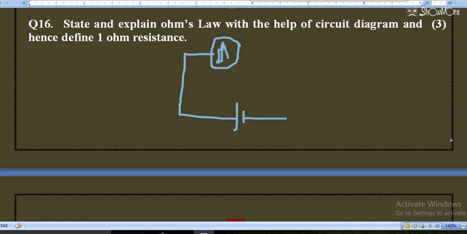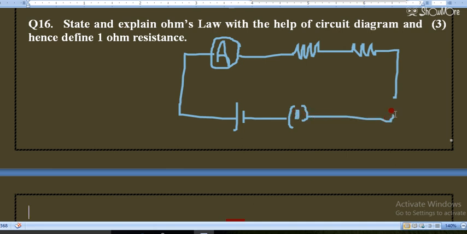Then one resistance can be there, and one rheostat, that is a variable resistance, and one key you can insert here or not, depending on you. If you want to close this circuit, you can insert a key here.